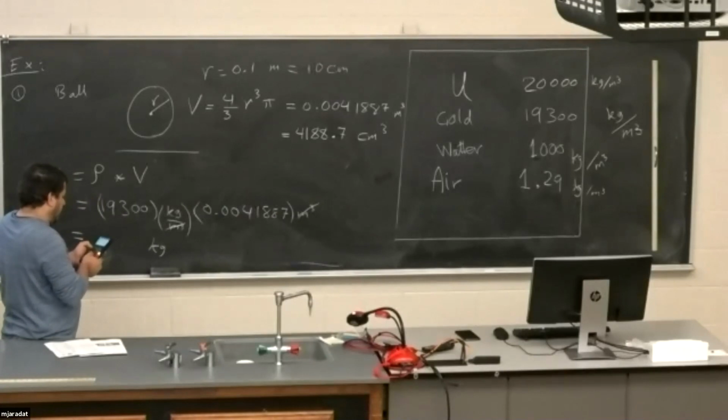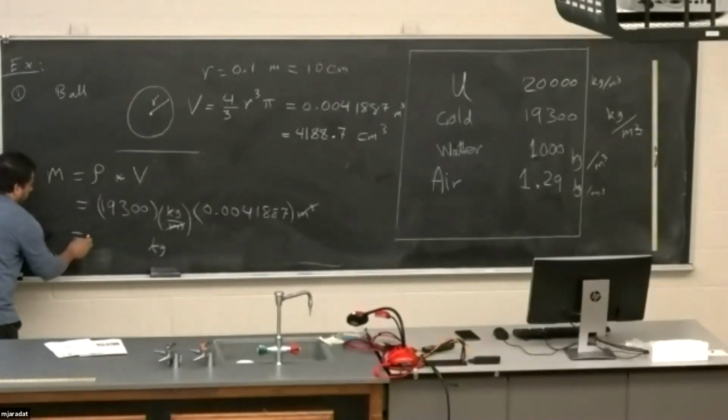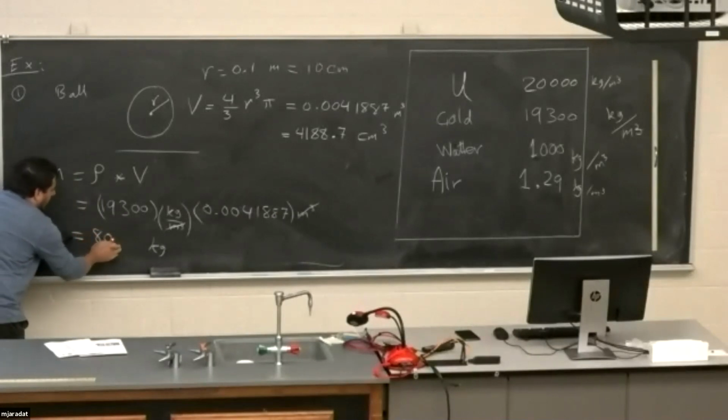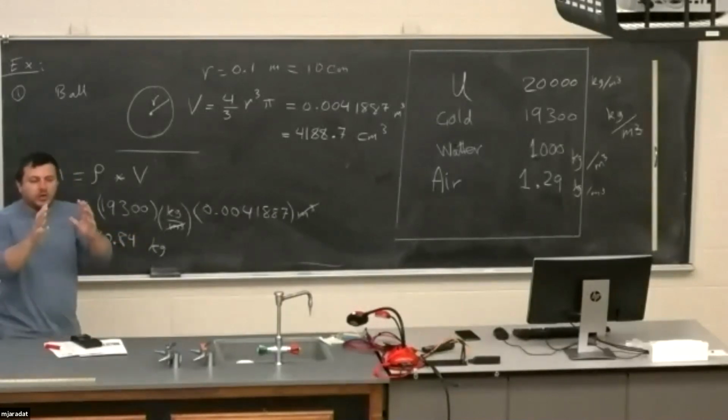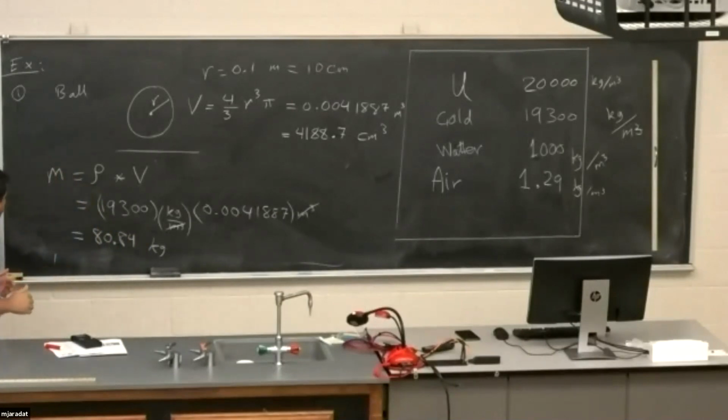I need just to multiply the density, 19,300. Okay. It is 80. Wow. 80.8 kilograms. So the ball, just like this, is 80 kilograms. So why not?